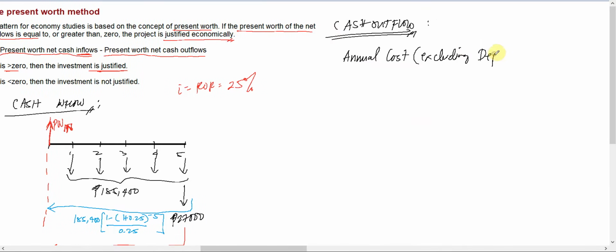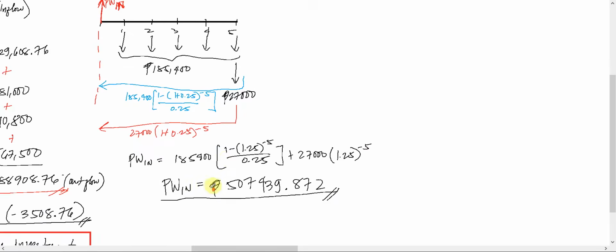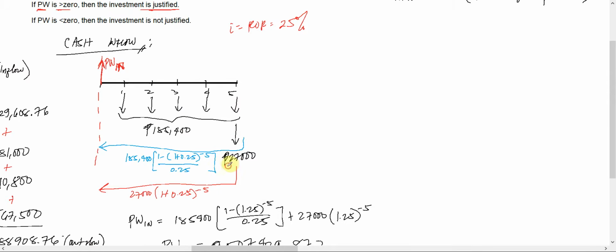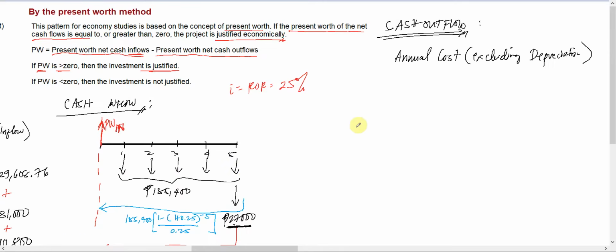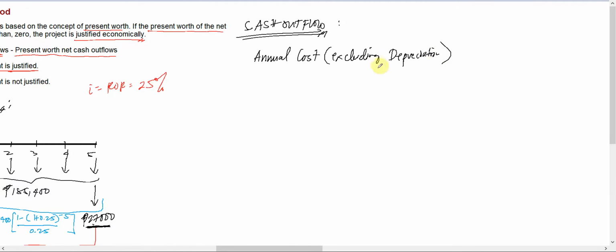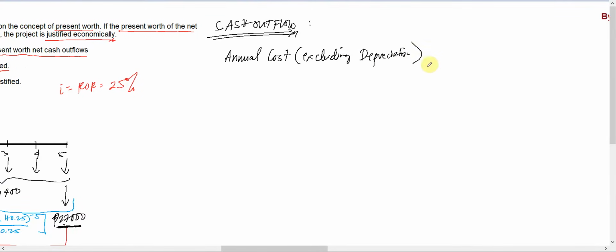Hindi kasama yung depreciation sa pag-compute dito sa annual cost dito sa cash outflow, dito sa present worth method. Kasi kung titingnan nyo, itong 27,000 is the salvage value. No? Kumbaga, yan na yung simplification ng depreciation every year, yung 27,000 pesos. Kaya nasama na natin siya sa cash inflow natin na pumasok na yan sa pera natin, no? Kaya hindi na natin isasama yung depreciation dito sa cash outflow.